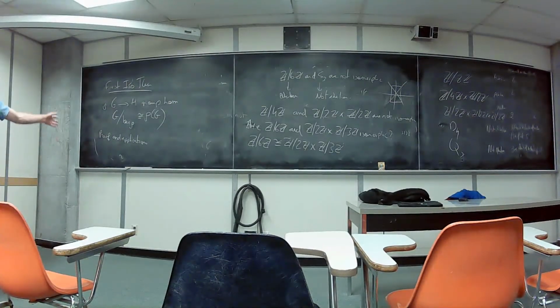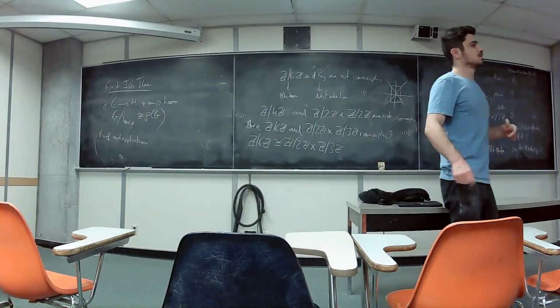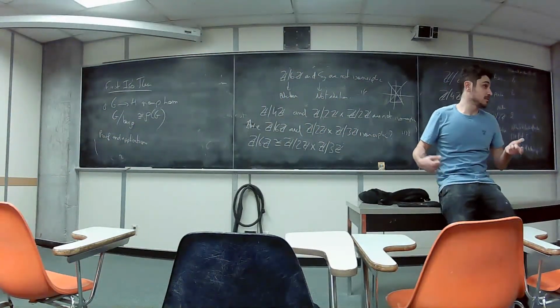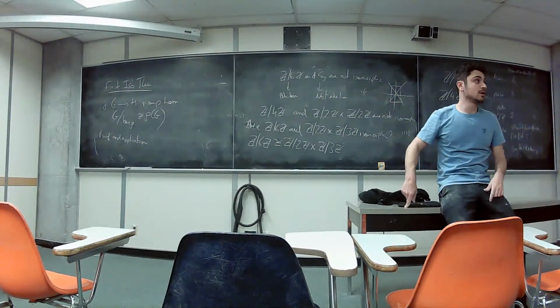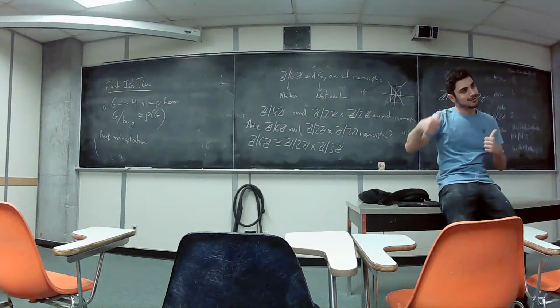Great. Okay, proof and applications. The proof of the first isomorphism theorem has many steps. You define a homomorphism from G mod the kernel, which is a well-defined group because the kernel is a normal subgroup, that sends a coset gK to phi of g. This is the first step.